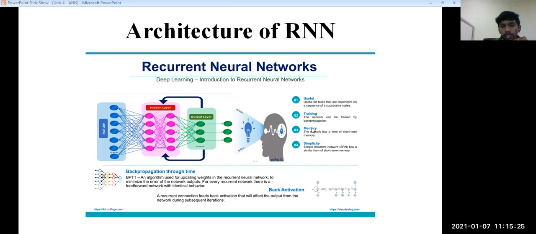The next important observation is about the memory concept, which is a unique property of recurrent neural networks. The network has a form of short-term memory. We'll try to understand what this short-term memory is in the next slides when discussing the concept of RNN. For simplicity, a simple recurrent network has a similar form of short-term memory. We will see how this memory is useful to understand the outputs of the next step.